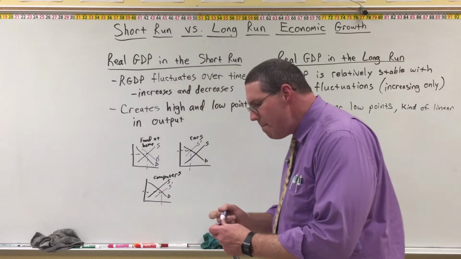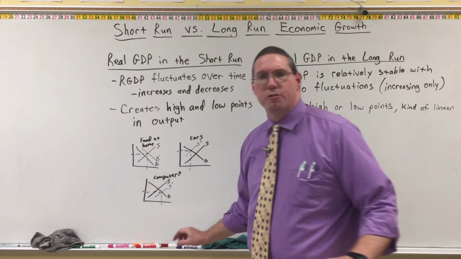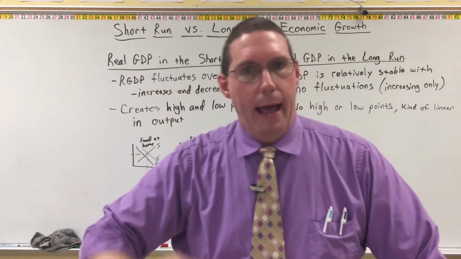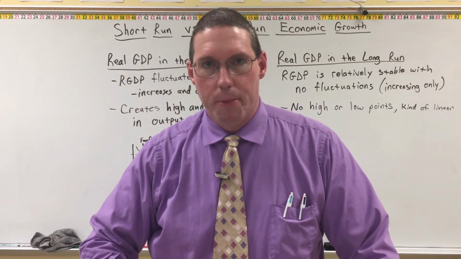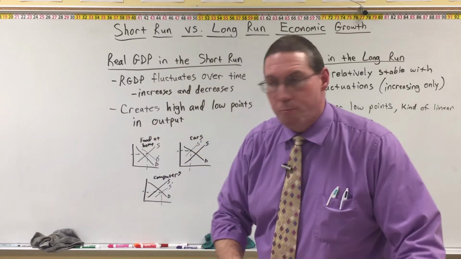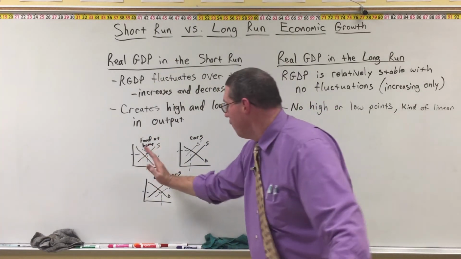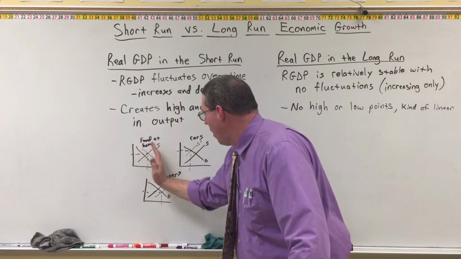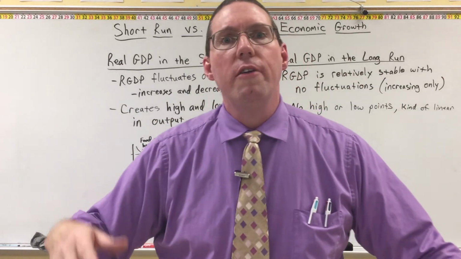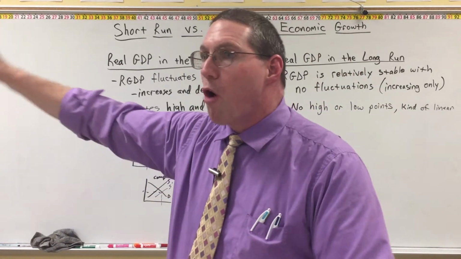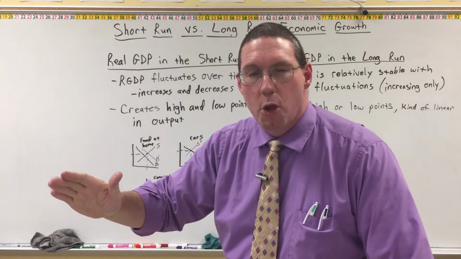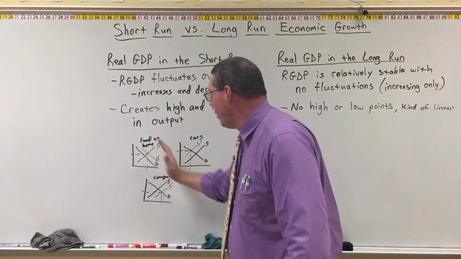And so we have millions of these product markets with prices fluctuating up and down, up and down. And when those prices fluctuate, the quantities fluctuate and go up and down, up and down. And when we accumulate all of these millions of product markets with their quantities that are fluctuating up and down, why are their quantities fluctuating?